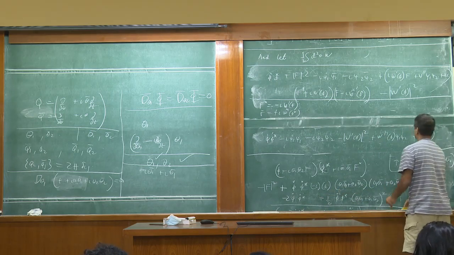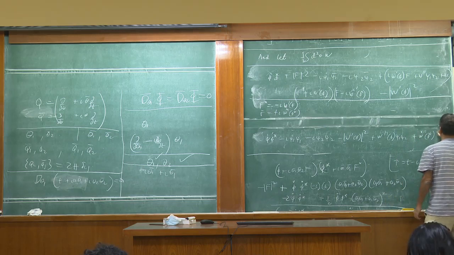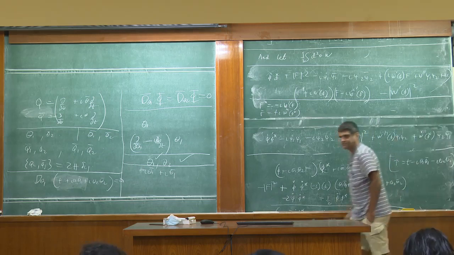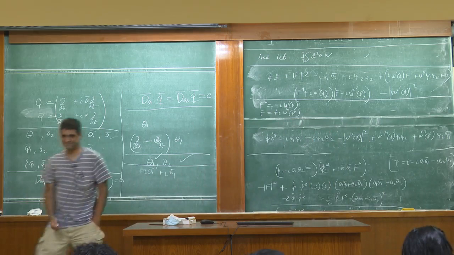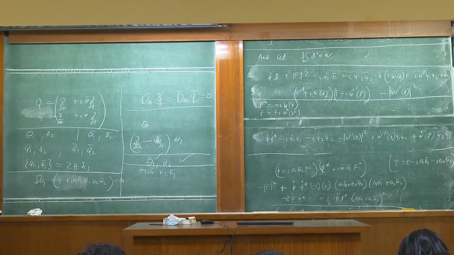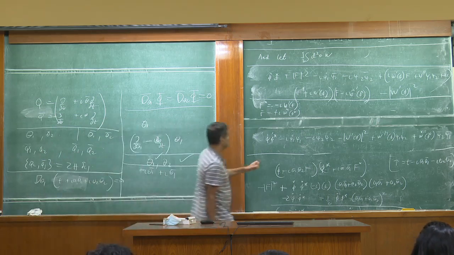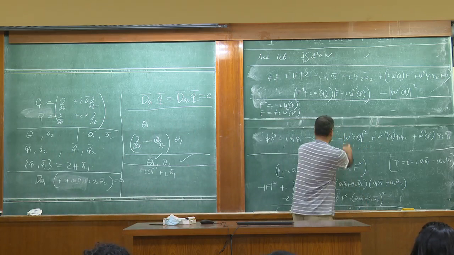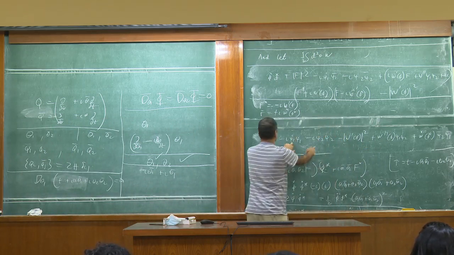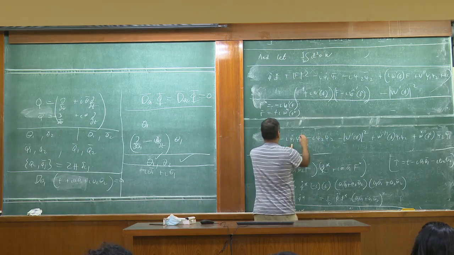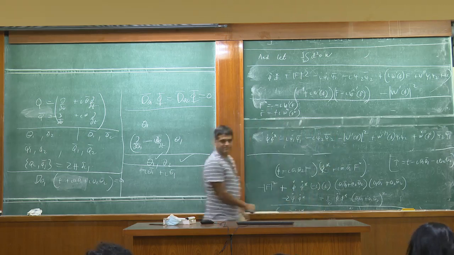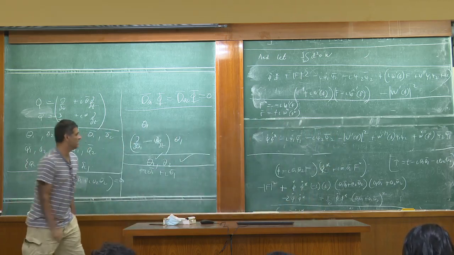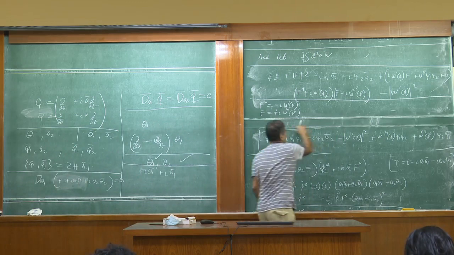Should be complex conjugate. Second and third terms. Second term, yes, psi 1 dot psi 1 bar. Thank you. Okay, and this is our final Lagrangian.